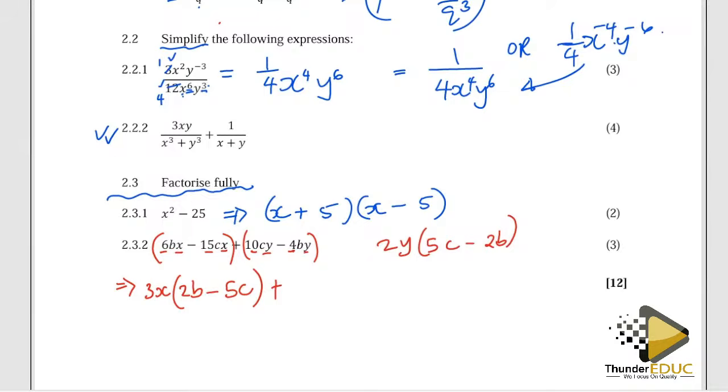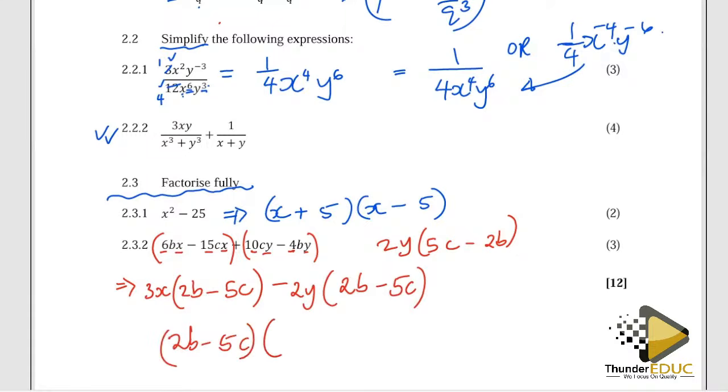So instead of me having a plus here, I'll apply that method of taking out the negative sign. So take out the negative sign, and then I'll have the 2b minus a 5c, so that I have just the same brackets. Good. Then from there, I'll have a 2b minus 5c, which is common.